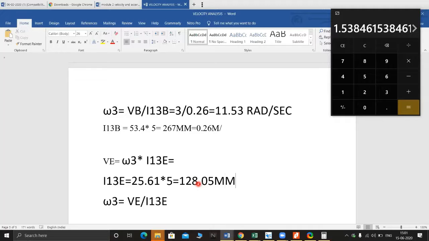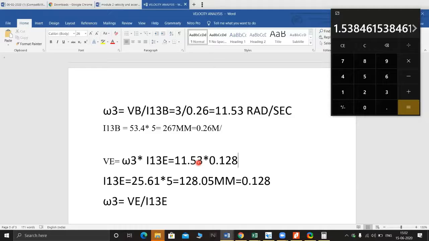Convert into meter, 0.128. Correct. Therefore, now VE becomes omega, that is 11.53 into this 0.128.